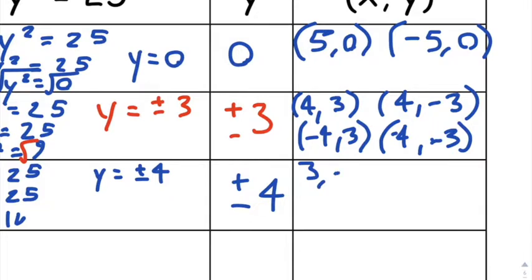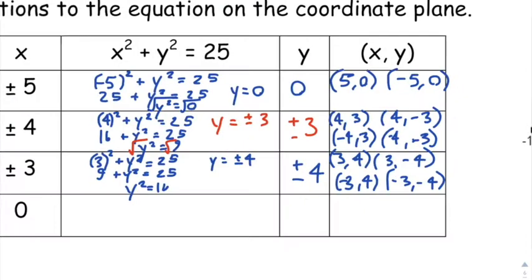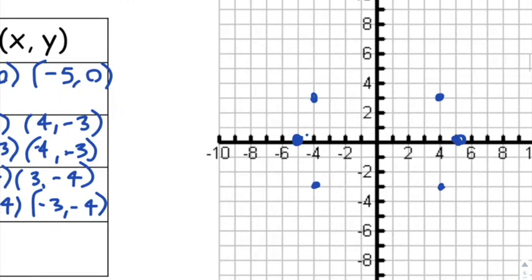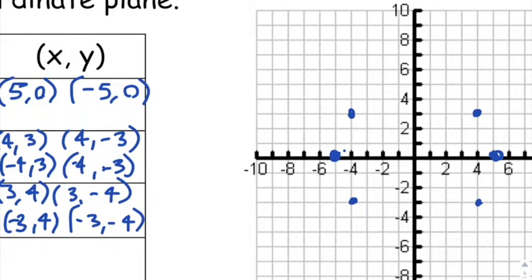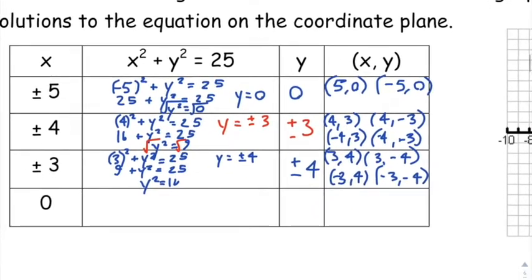So we can say 3, 4 and 3, -4, and -3, 4 and -3, -4. Let's get those points plotted correctly. There we go. We're really starting to see the shape of the circle. We'll go ahead and get this last point here.